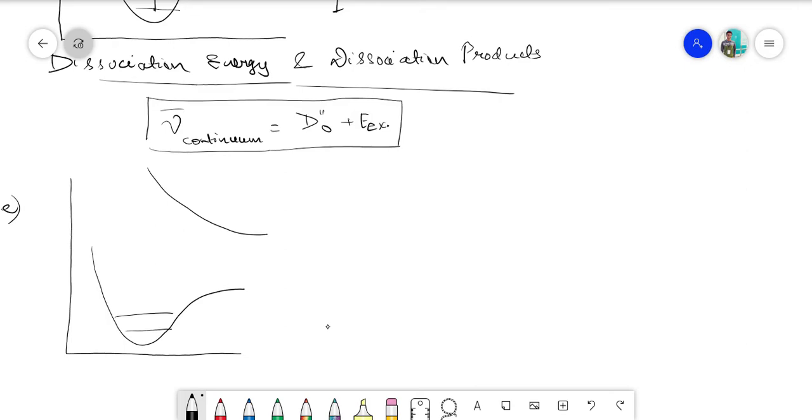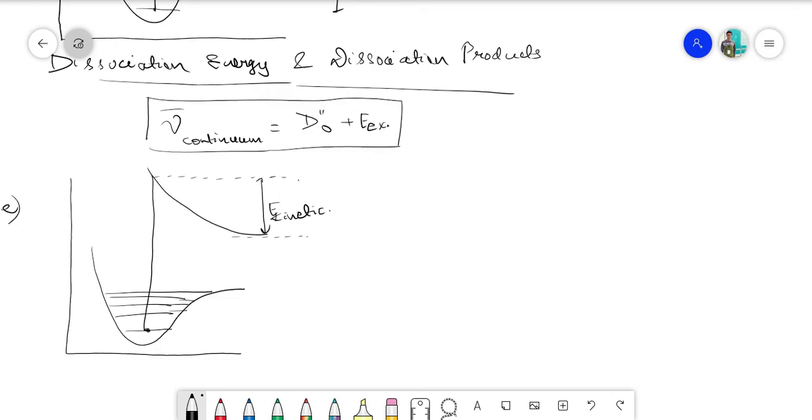And these are your energy levels. So you see the transitions occurring here to here. Let's say this is the point from where you want, this is the transition of your choice, and this is the lowest energy level at continuum. This is the extra amount of energy.